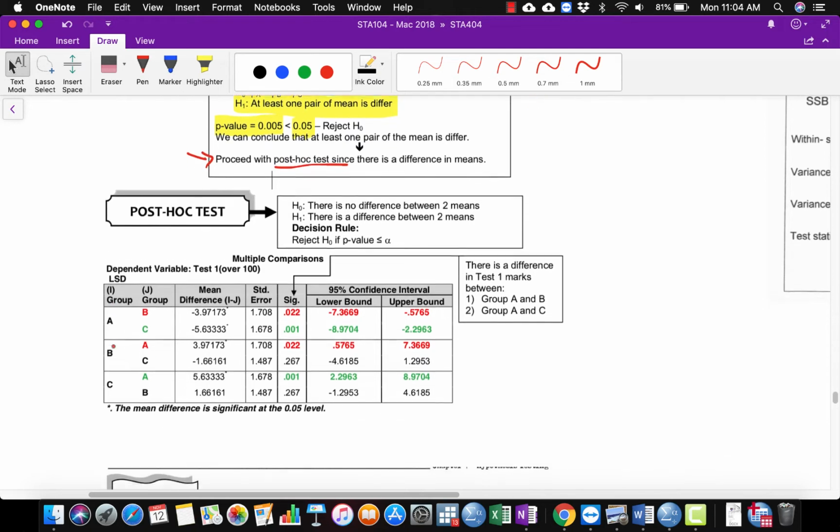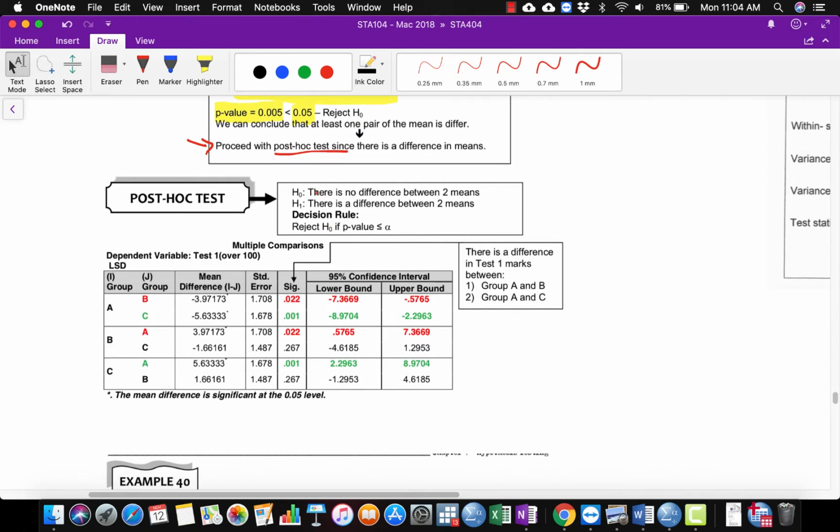In the post hoc test, the null hypothesis is that there is no difference between two means. The alternative hypothesis is that there is a difference between two means. We're going to reject the null hypothesis if the p-value is less than 0.05, or less than our alpha. So the thing to look at in the post hoc test is the significance value, or probability value, right?